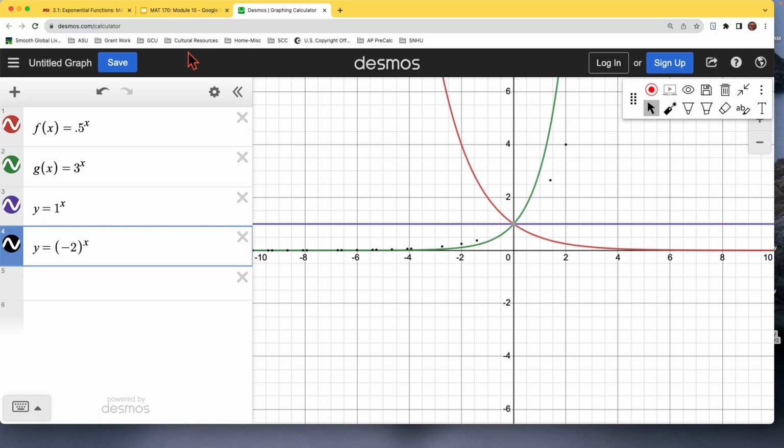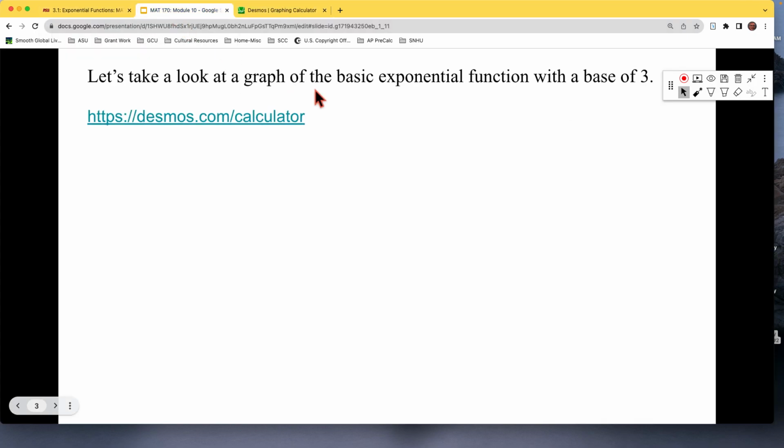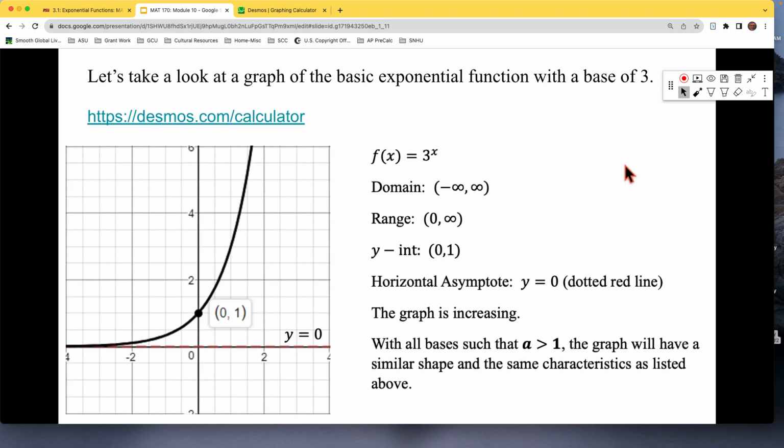Okay. And remember, today we don't get to the place where we're really going to be able to solve these, so part of it is we want to just understand what they are. So part of it is what's the domain of an exponential function.